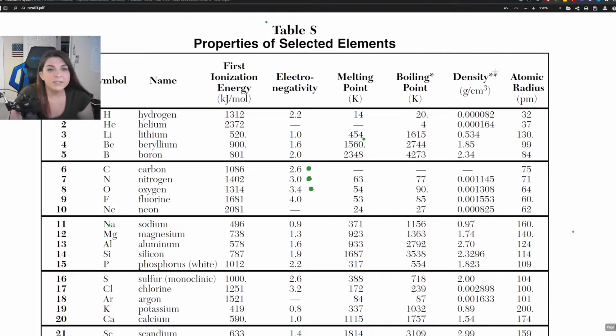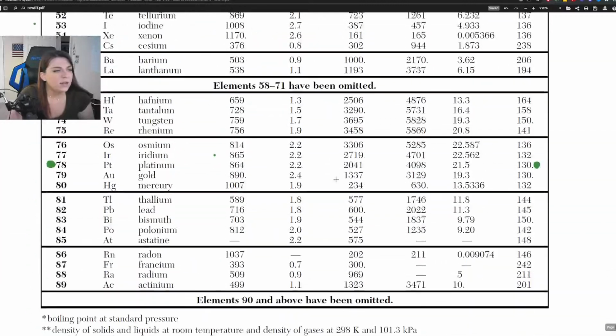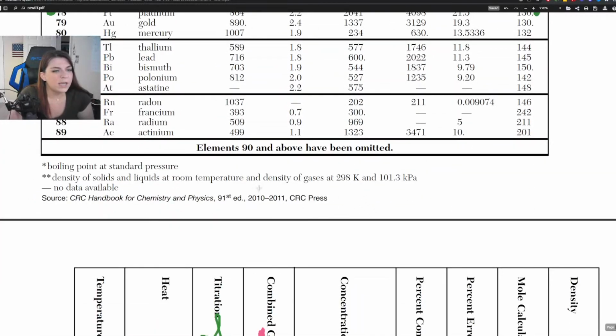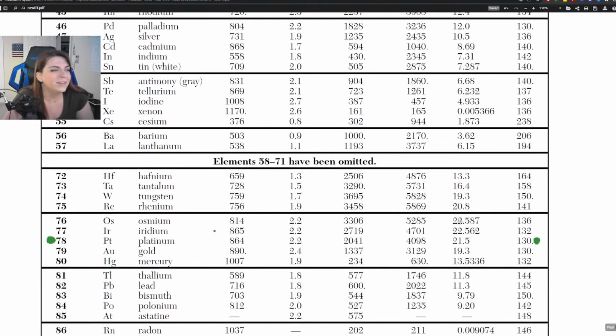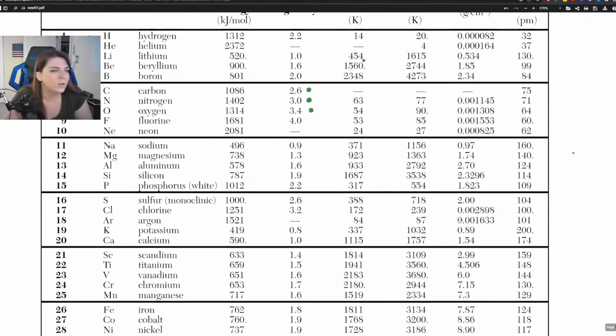This density has the 2 asterisks right there, and the two asterisks say that we are reporting the density at 298 and 101.3 kilopascals. This is such a tricky way to do this. I don't love that they did this, but I kind of love it, but also I don't.